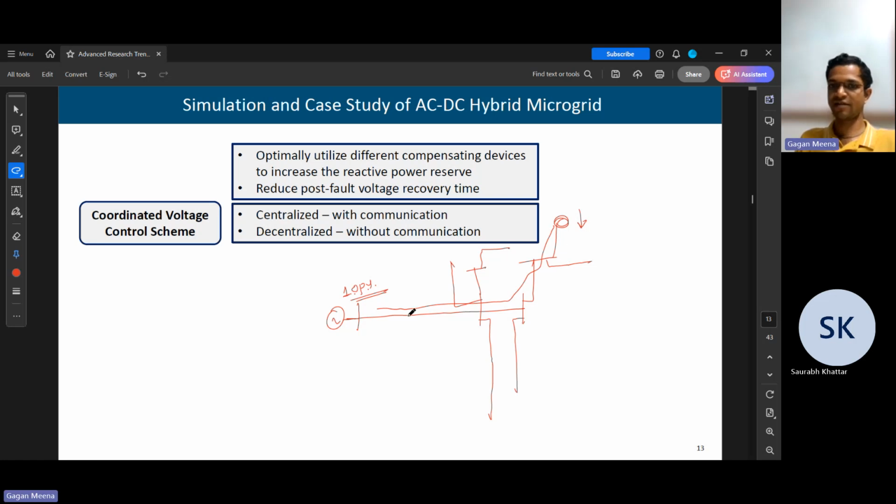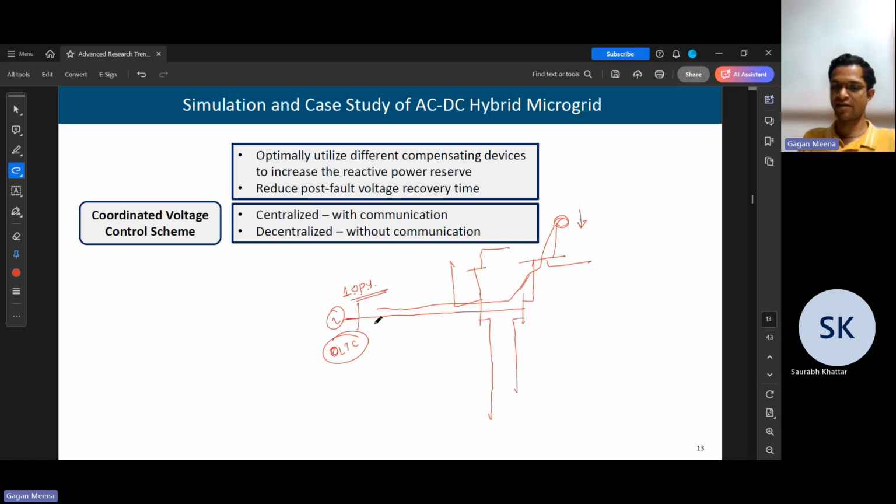And for that, we have an on-load tap changing transformer here at the substation. Or we can have capacitor banks in between to boost the voltage. Different reactive power devices are required.